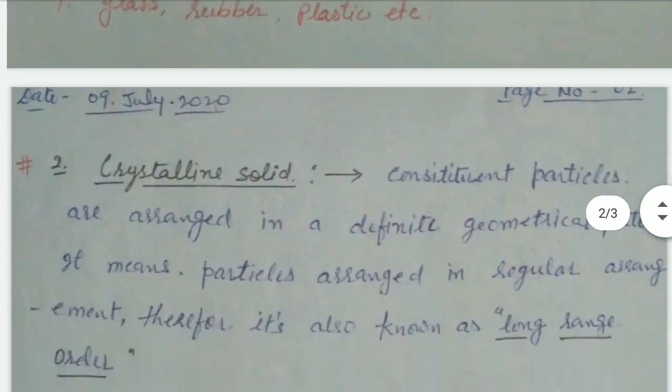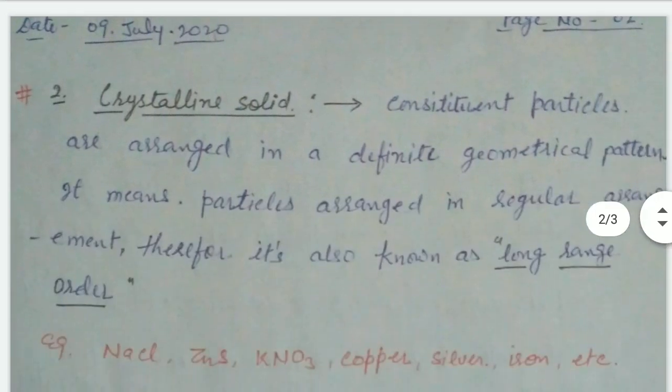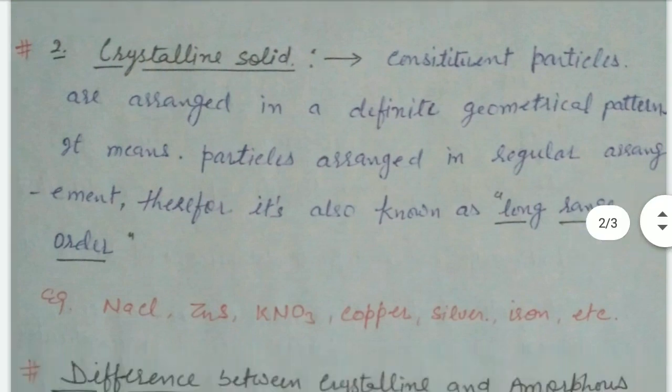Now another one is crystalline solid. These are the common solids. Constituent particles, meaning atoms, molecules, and ions, are arranged in a definite geometrical pattern, meaning a 3D pattern.